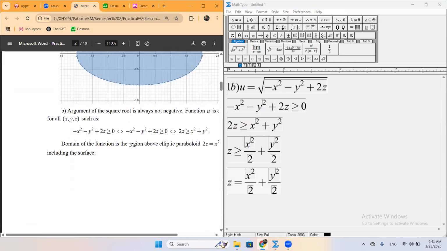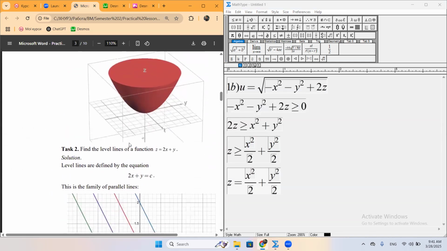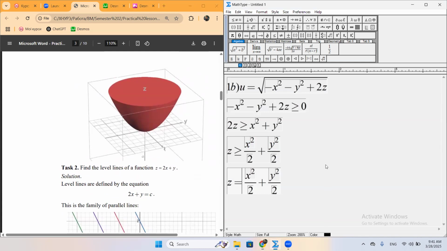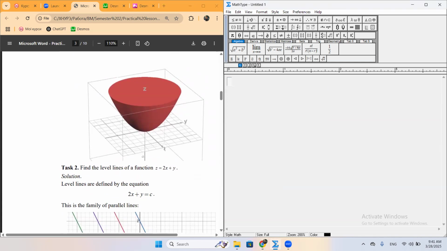The next task is to find level lines of a function. So we have the following function z equals 2x plus y. So actually this is a plane, and what do level lines of the function mean?